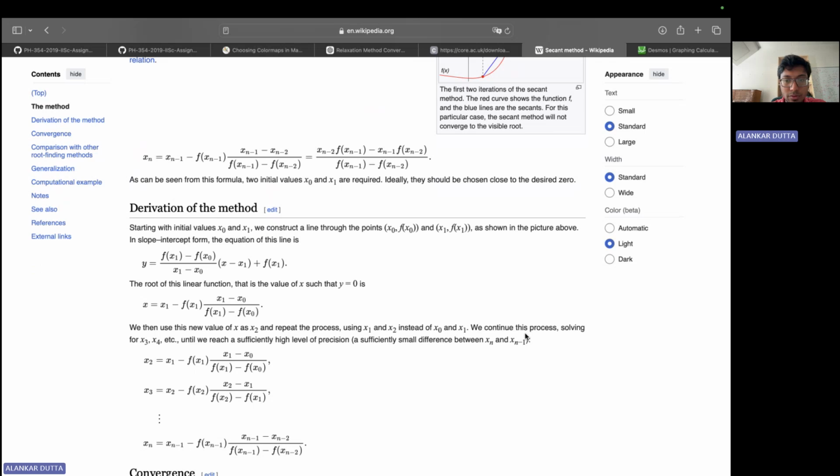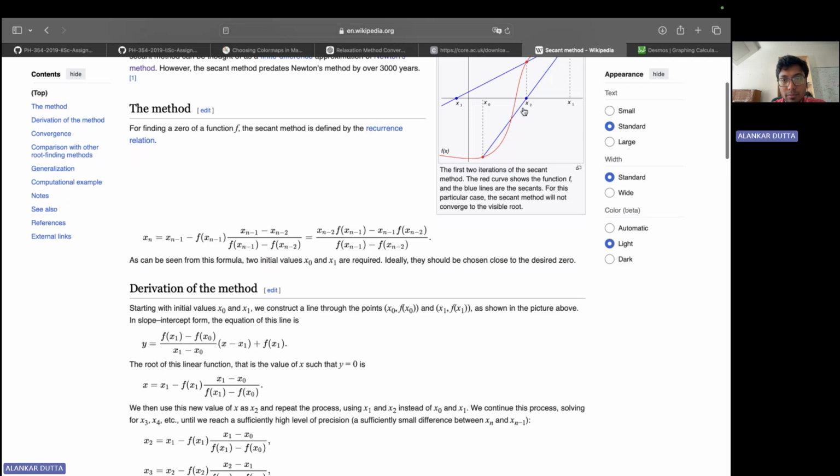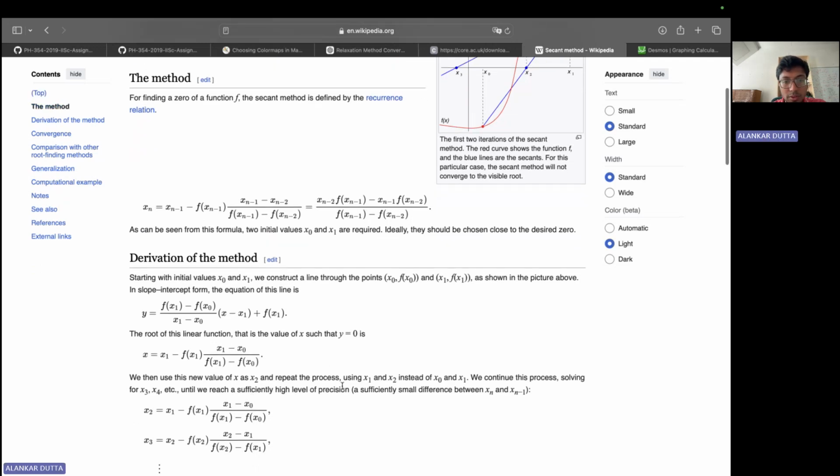We ask where this line cuts the x axis, and that is the approximate root that we want to find. We use this new value of x2 and repeat the process using x1, x2 instead of x0 and x1. We continue this process of solving for x3, x4.